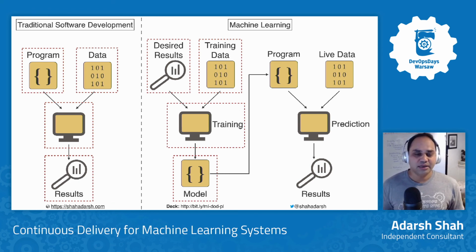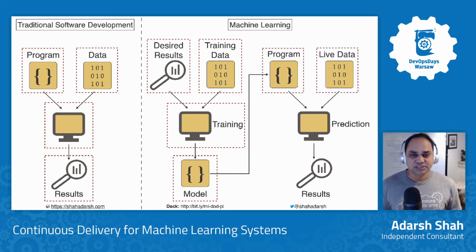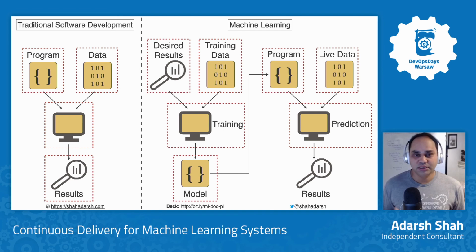Once you get that model, you feed it into the program. This program here could be your web application, your desktop application, your API, and that program, along with the live data in production, starts doing predictions, and it starts giving you results like it would in traditional software in production, but it uses this trained model to give you the result.